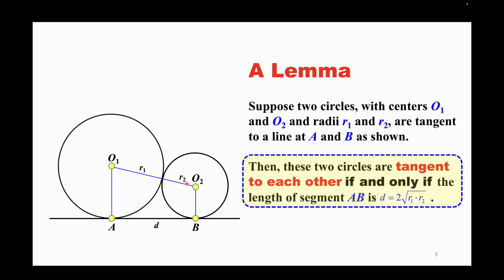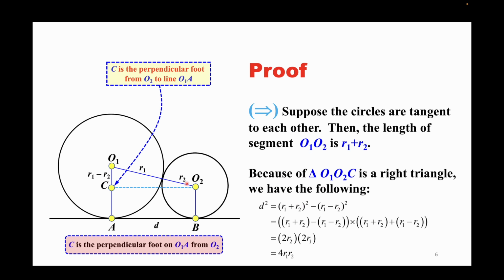So let's prove it. We construct a perpendicular line from O2 to the line O1A with perpendicular foot C. So we have a right triangle here. Now, if the circle O1 and the circle O2 are tangent to each other, the distance of O1 and O2 is the sum of R1 and R2.